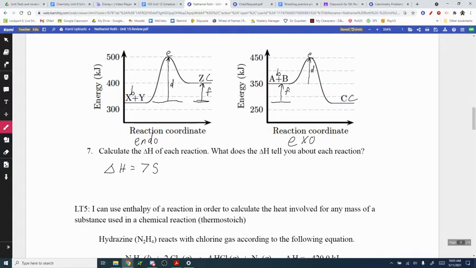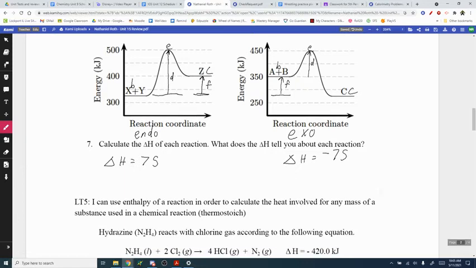So it's going to be 400 minus 325, which is positive. Now this one over here, it's going to be 275 minus 350, which turns out to be negative 75, because we have to do products minus reactants.